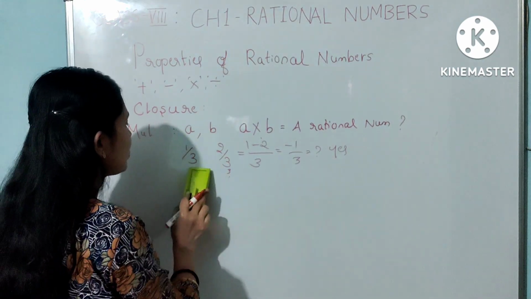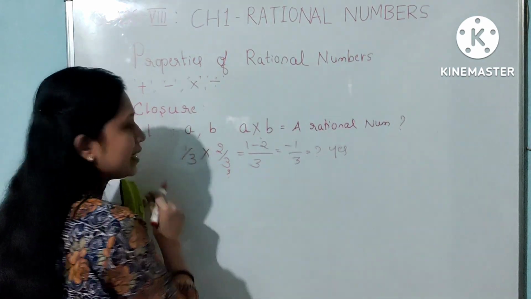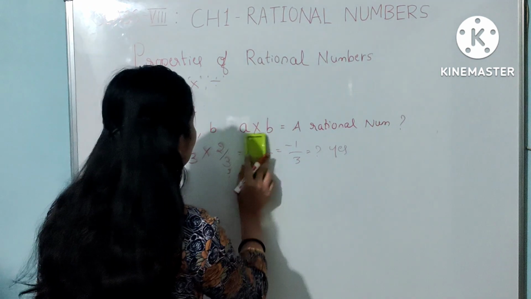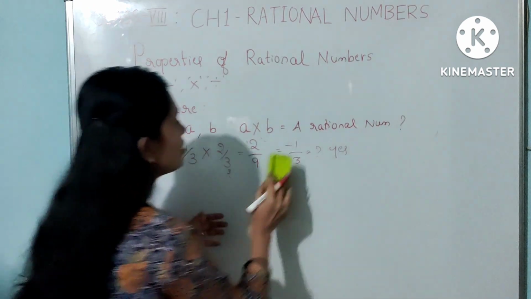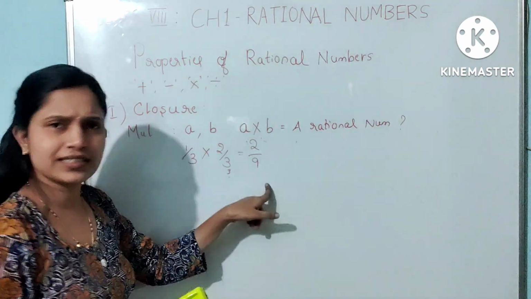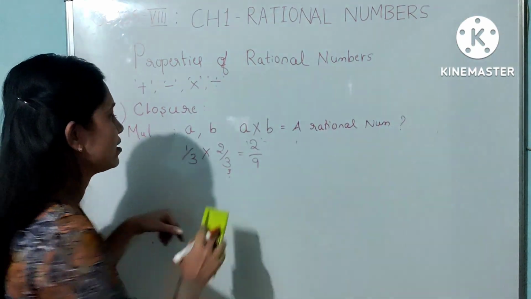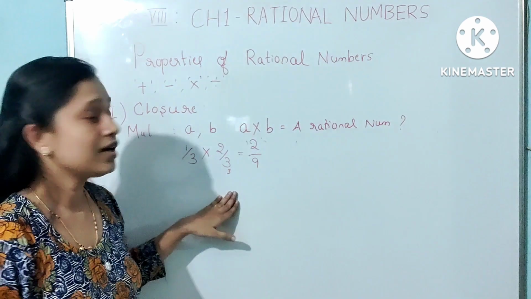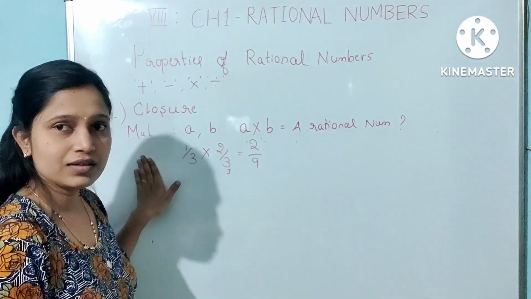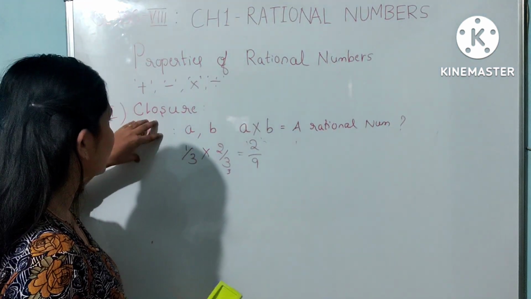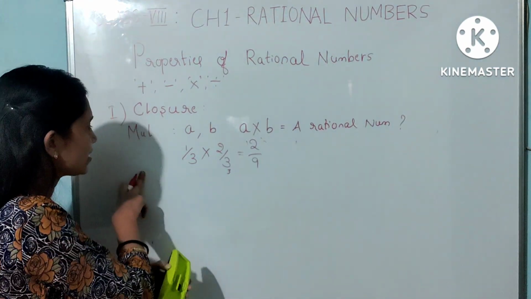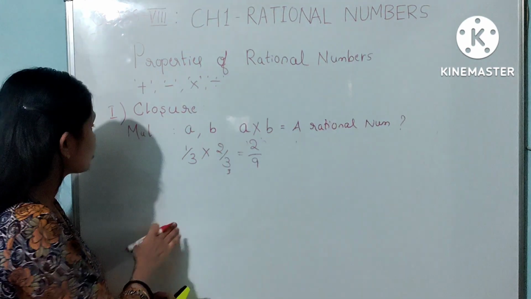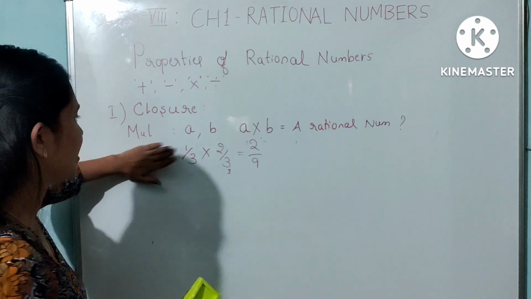Same example, 1/3 into 2/3, the value is 2/9. So 2/9 is a rational number, correct? Yes. So the closure property holds good for multiplication. Rational numbers are closed for multiplication.